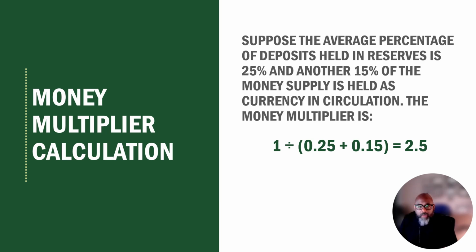This is calculated by dividing 1 by the sum of the reserve ratio and the currency ratio, which is 0.25 and 0.15. The result highlights how holding more money in terms of cash or higher reserves significantly limits the ability of the banking system to expand the money supply.